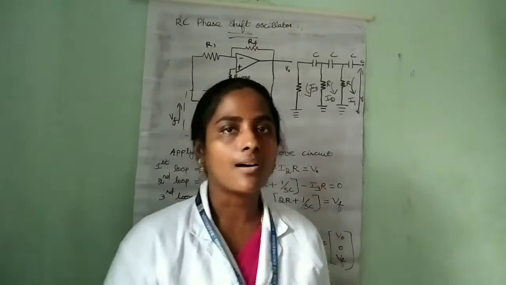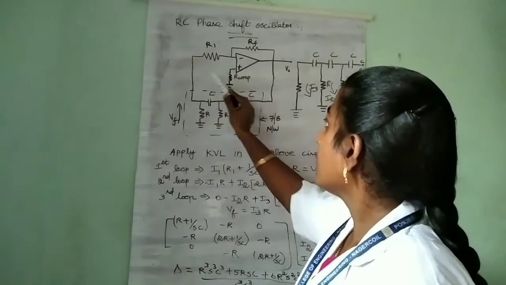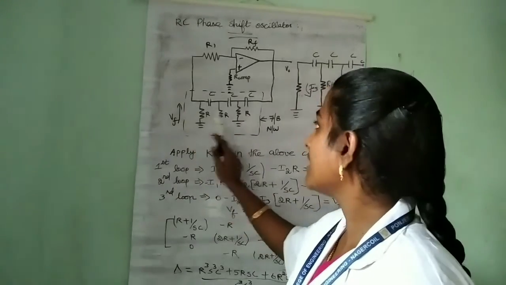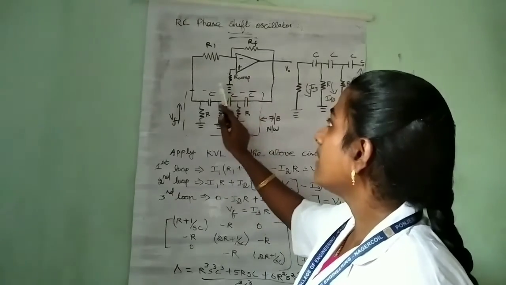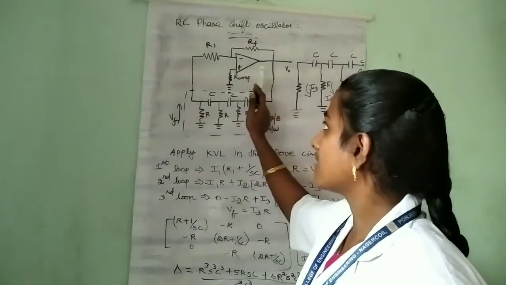This RC phase shift oscillator has one resistance and a three-stage RC network. This is the RC network, this is the operational amplifier, and this is the feedback resistance.